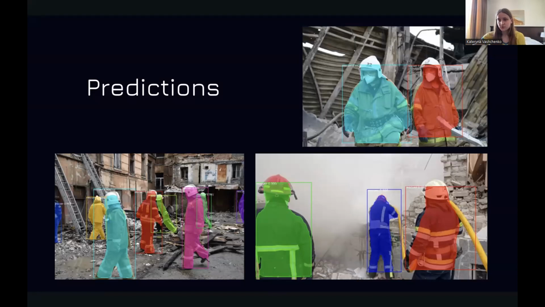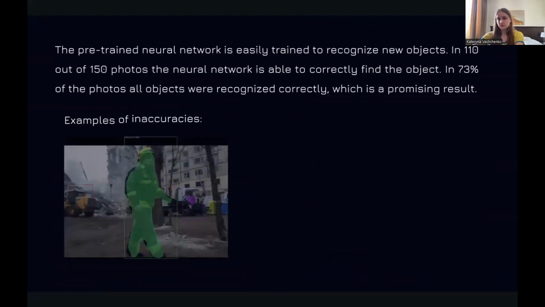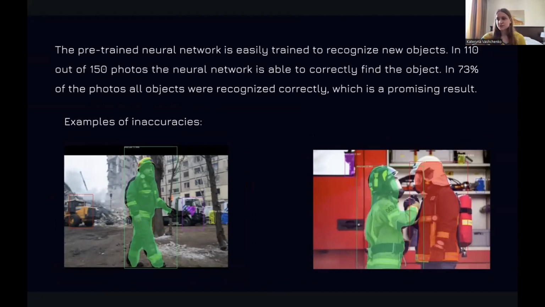After testing the neural network, it turned out that out of 150 real photos, 40 were not recognized accurately.